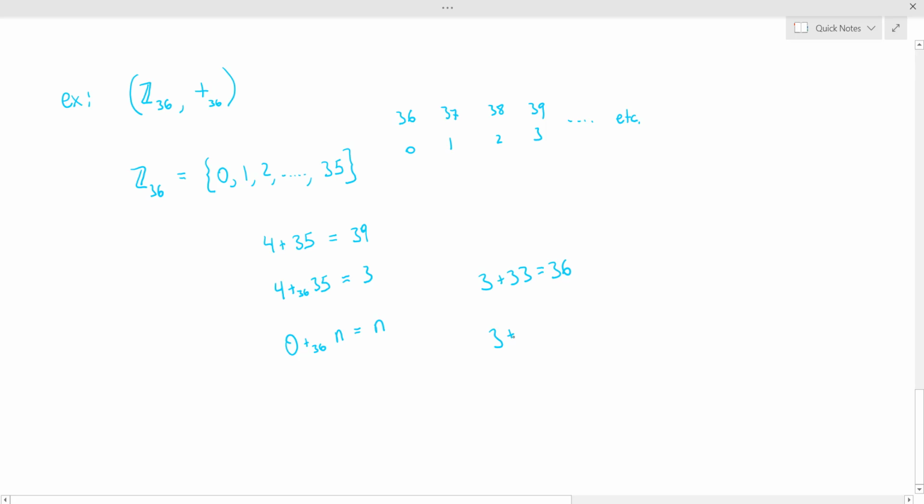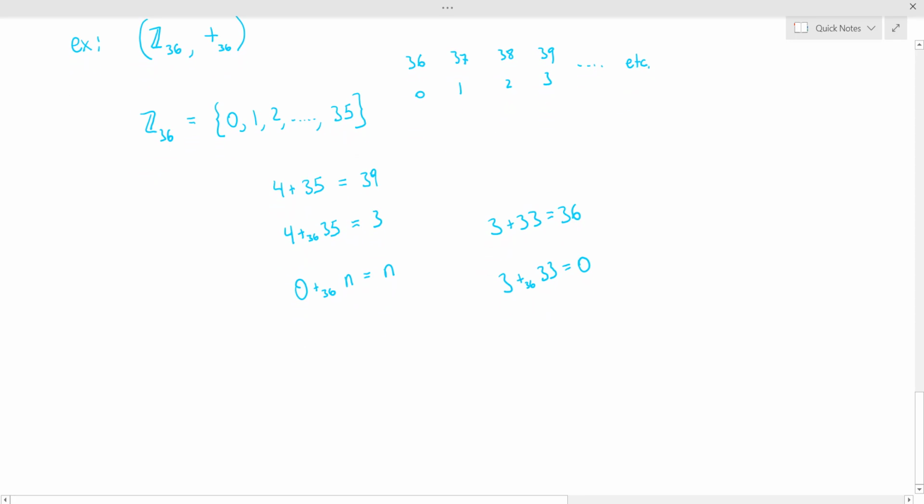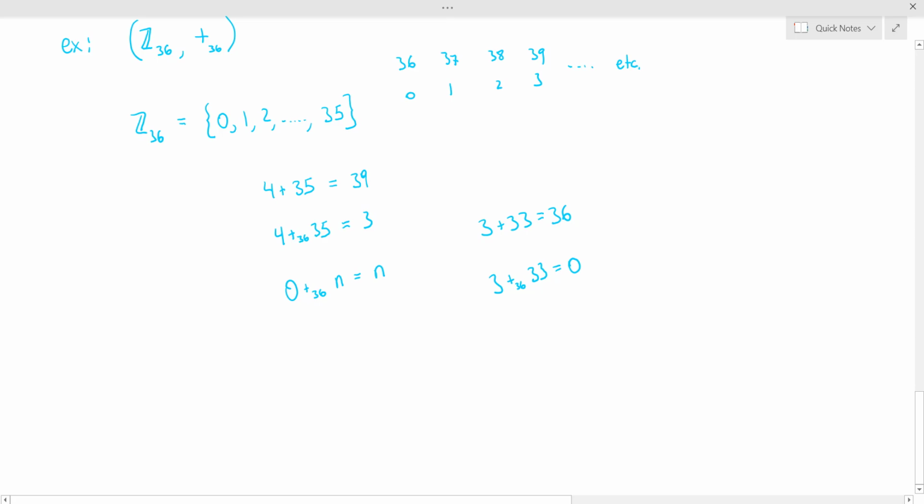So in other words, 3 and 33 would be inverses of each other in this group, okay? All right. So there are 36 elements altogether from 0 to 35. So this is a group of order 36, and it's also cyclic.